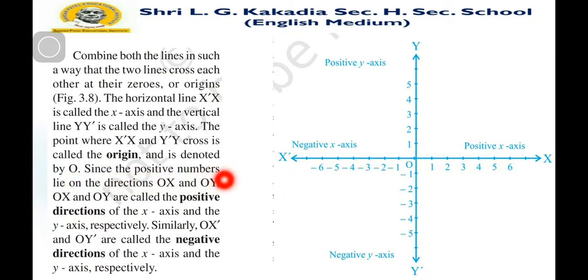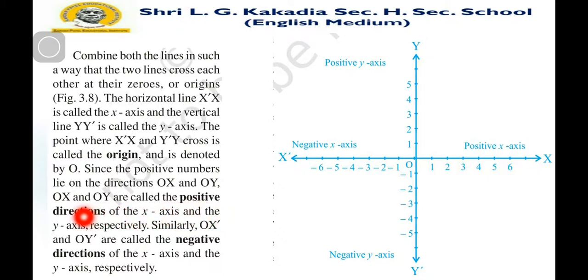Since the positive numbers on the line are in the direction OX and OY, OX and OY are called the positive directions. Here you can see that OX and OY have the positive numbers, so these two directions are known as the positive direction of the x-axis and the y-axis respectively.